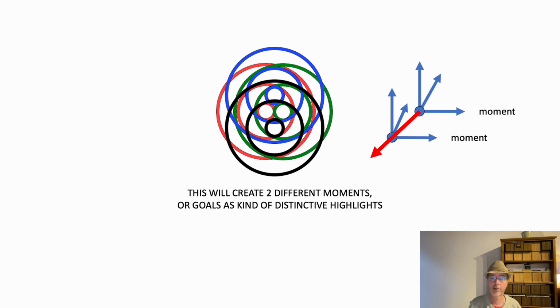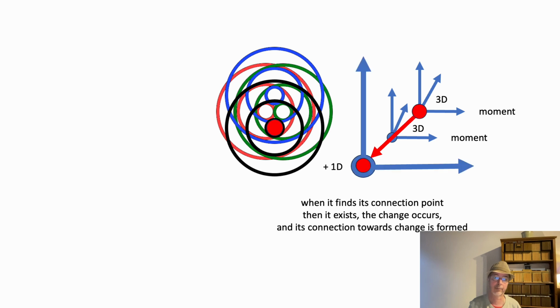In some way, it's a goal that you have there with a distinctive highlight, a little bit like that, and there you make the connection in time. Everywhere we can find these kind of connection points between two moments. That's also where some of the next letters will occur.